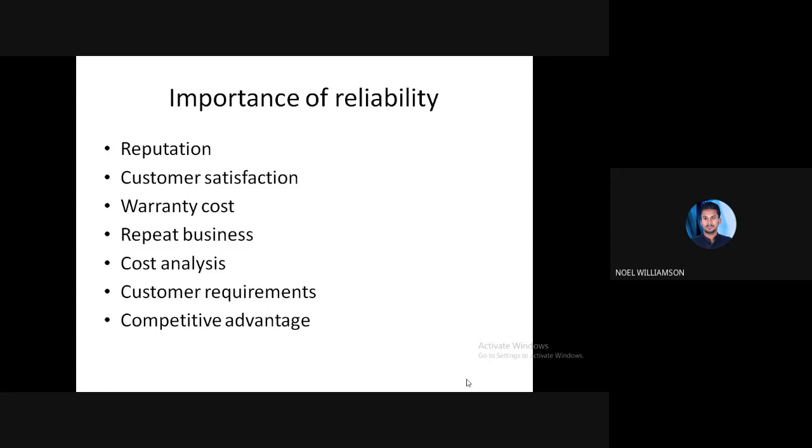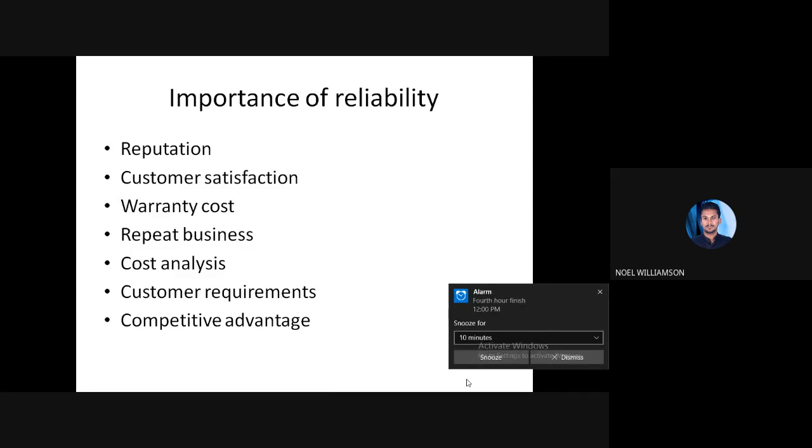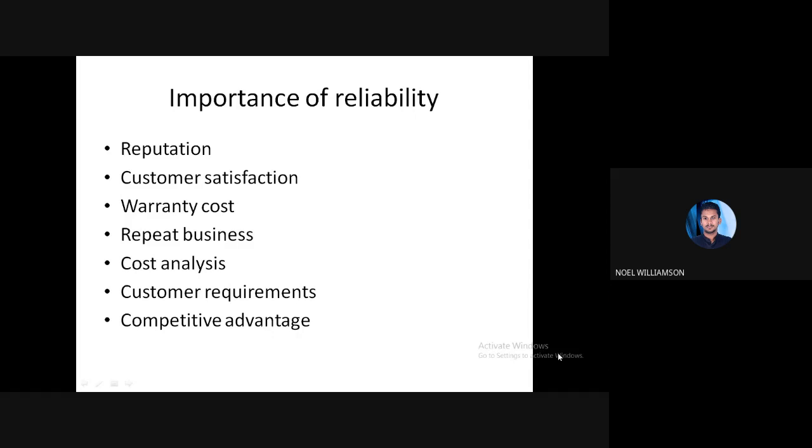So the product which is more reliable or acceptable will remain in the market, and the others will be losing. So there is competition.